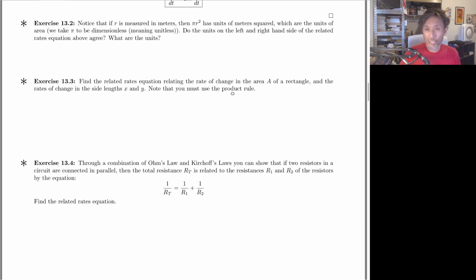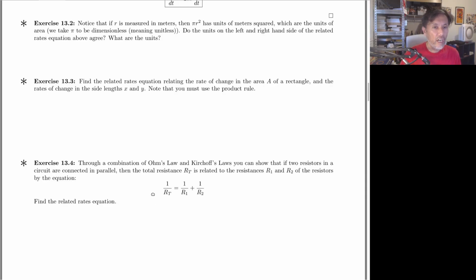13.3 has to do with the area of a rectangle, which you know is the product of the side lengths, x times y, if you call x one of the side lengths and y the other side length. So this asks you to find dA/dt, which is going to be in terms of x, y, dx/dt, and dy/dt. And it says, note that you have to use the product rule. Okay?